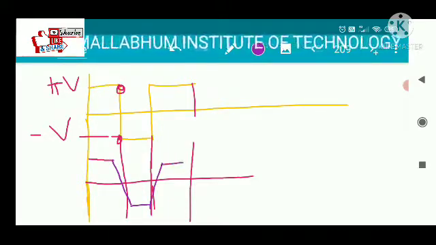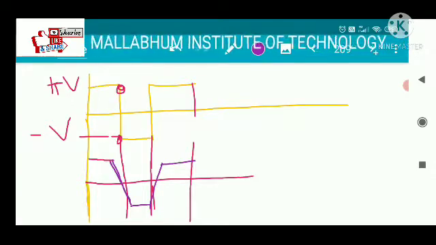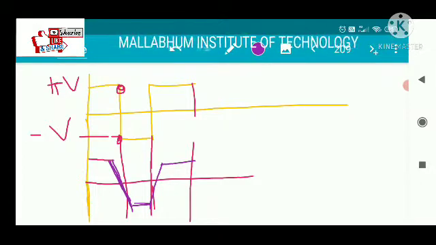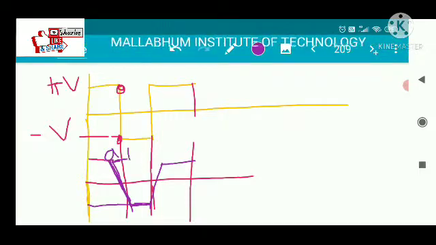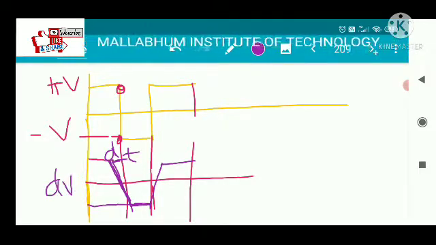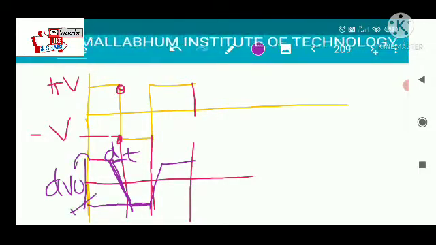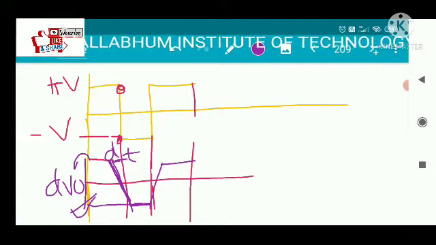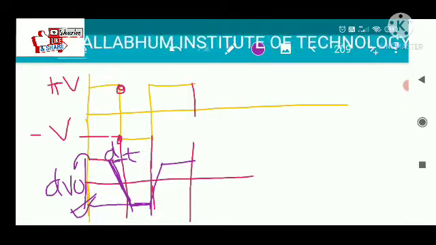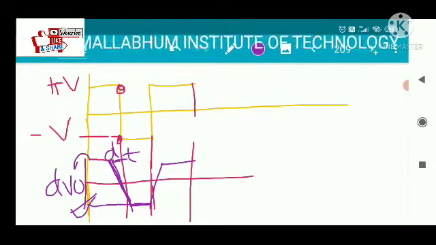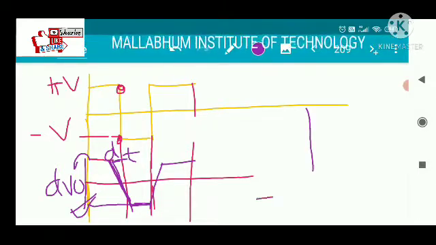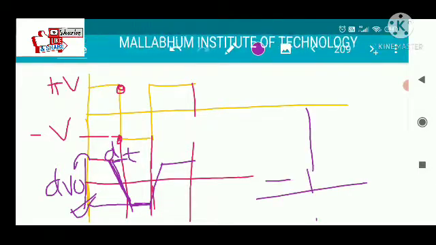Okay, so this is the case. That means it takes some finite amount of time to get to the negative level. So this is the dv0 and this is your dt. Theoretically, from plus B to minus B, it takes no amount of time, but practically it is not the case, it is like this.